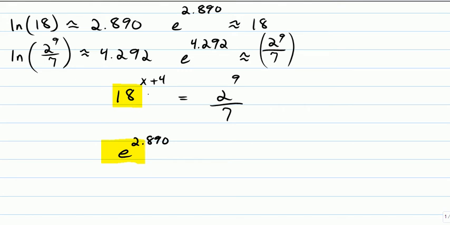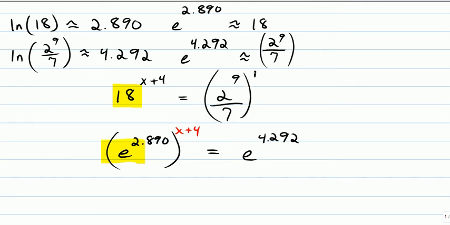The exponent on the 18 was x plus 4, so our exponent here is going to be x plus 4, and that's equal to e to the about 4.292. And the exponent over there, oh, we didn't have one. If you think about it, its exponent was really 1. Awesome.